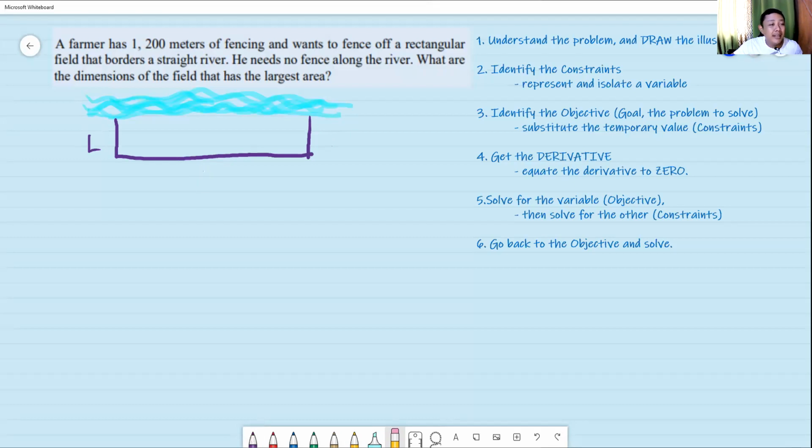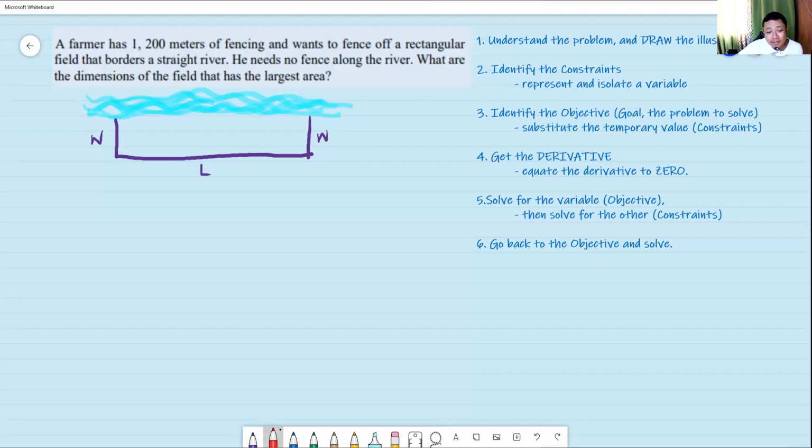So, para di tayo nagkakalituhan at pare-pareho na lang tayo naiintindihan, let our children's memories be used. The longer side of the rectangle be our length and the shorter side be our width. But again, don't get limited with that concept, ha? Nung bata kasi, yun yung madaling paraan para ma-explain na hindi na pwedeng magkaiba ang haba ng bawat sides ng rectangle.